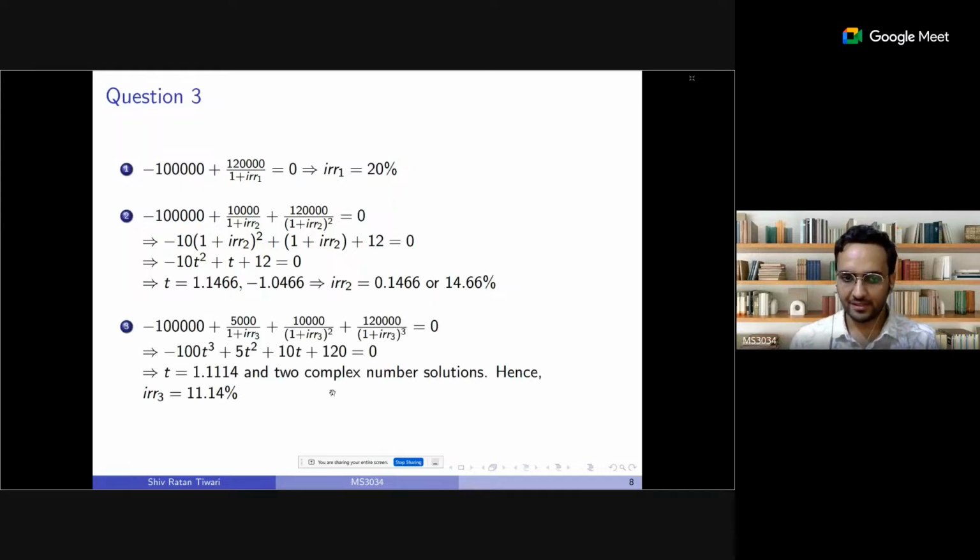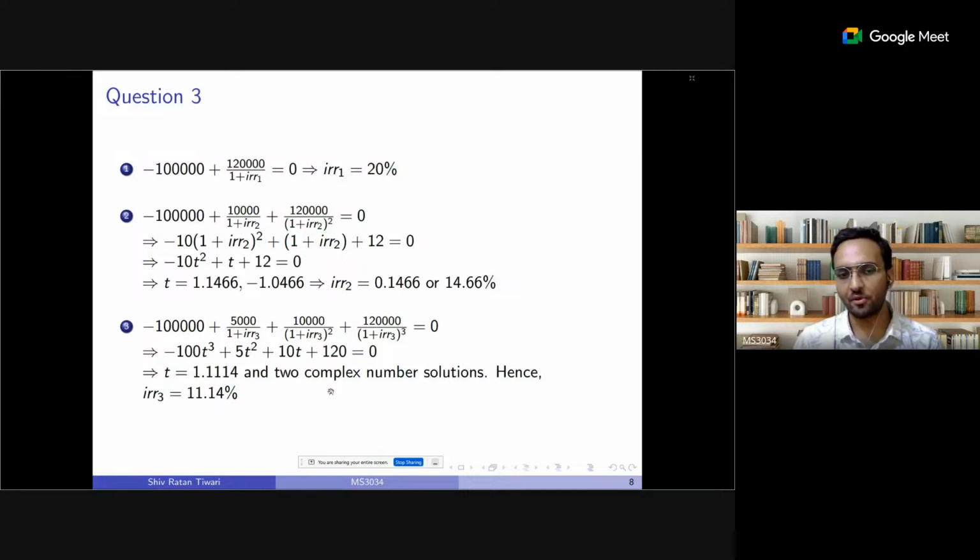Now when we move to the third case, there are cash flows for up to three periods. In this case we get a cubic equation in terms of 1 plus IRR, and we can solve the cubic.